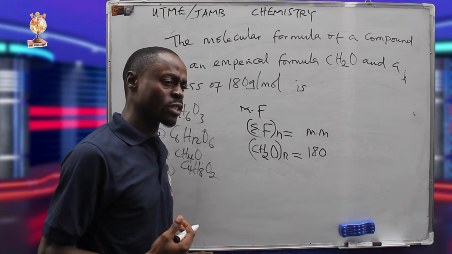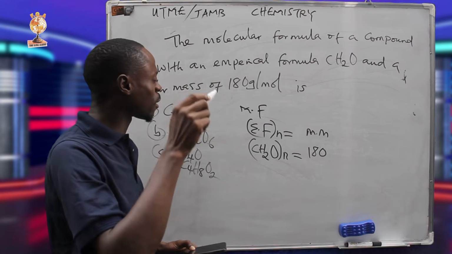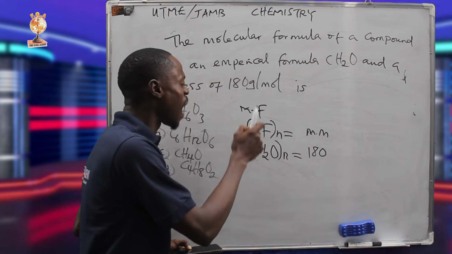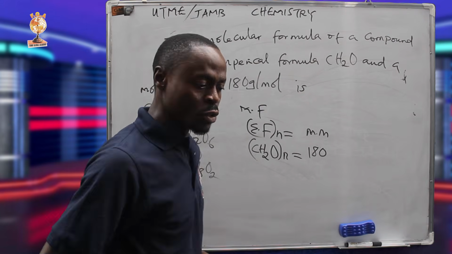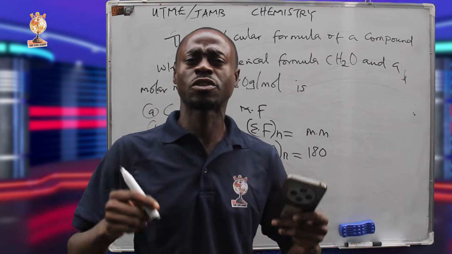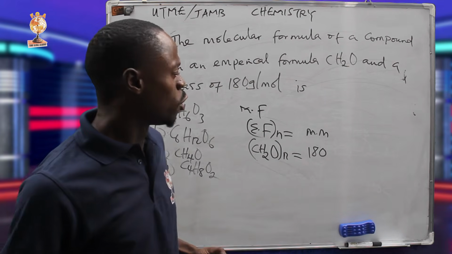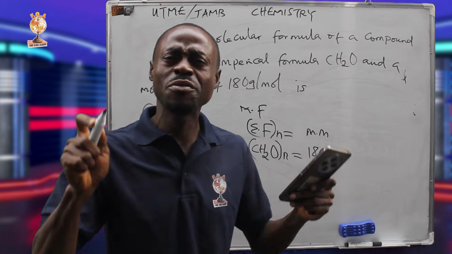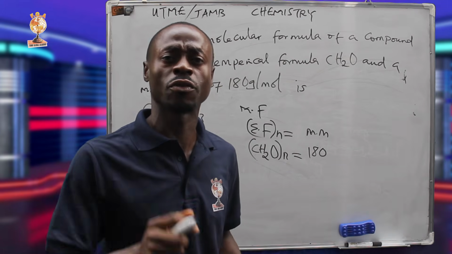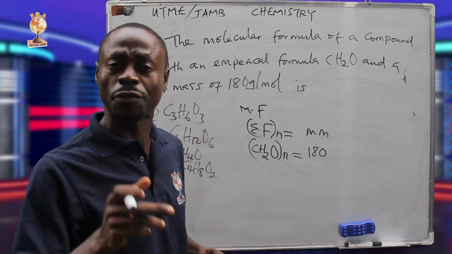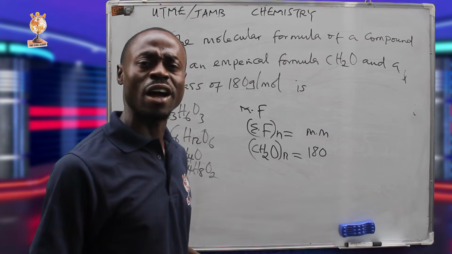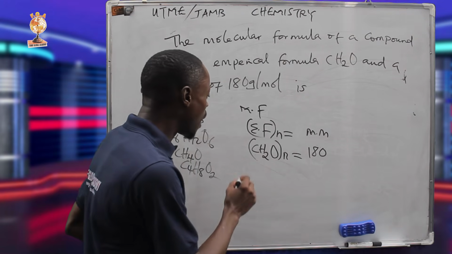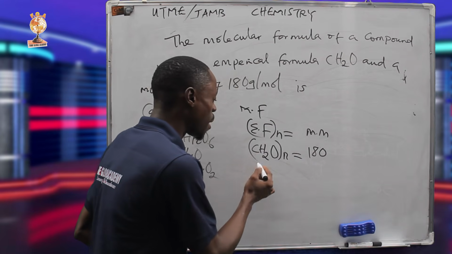So what you should tell yourself is, what is the relative atomic mass of carbon, hydrogen, and oxygen? It is expected, as a chemistry learner, that you are familiar with the respective relative atomic mass of every element, at least the first 30 elements. Now, the relative atomic mass of carbon is 12.